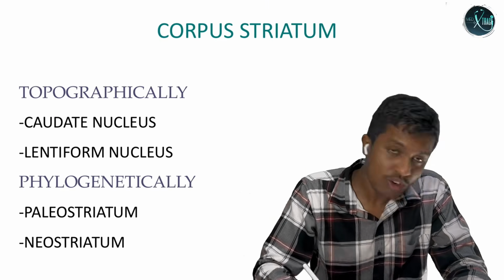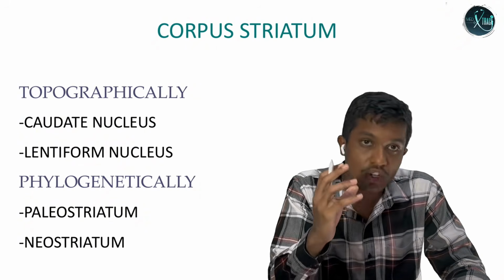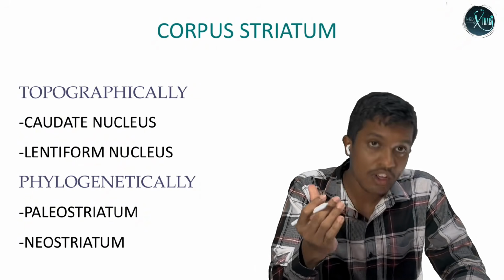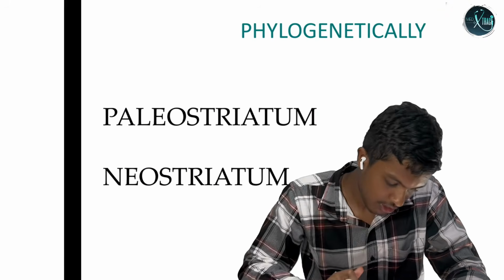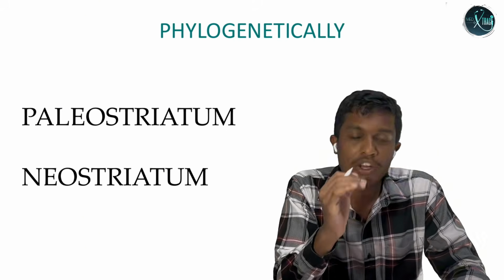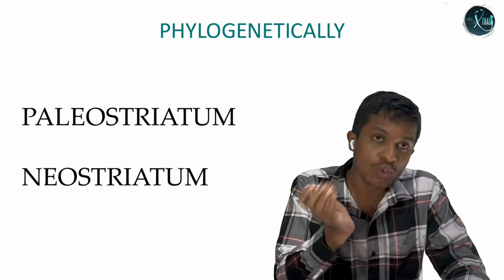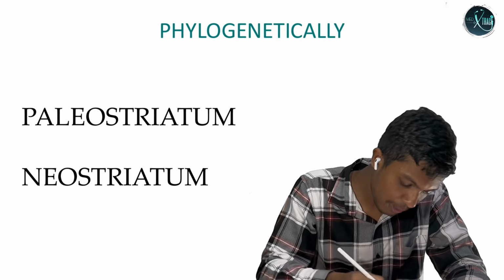As I told you before, topographically, corpus striatum contains the caudate nucleus and lentiform nucleus, while phylogenetically it contains the paleostriatum and neostriatum. Paleo refers to old, while neo refers to new.